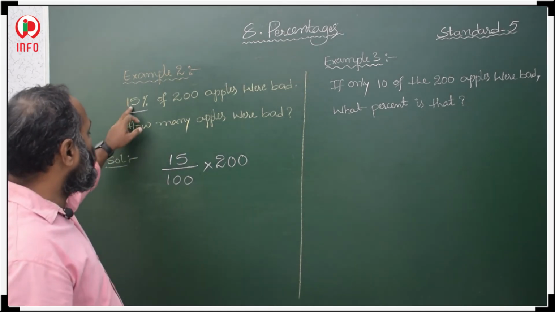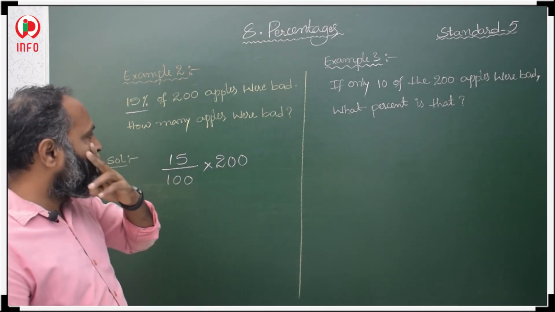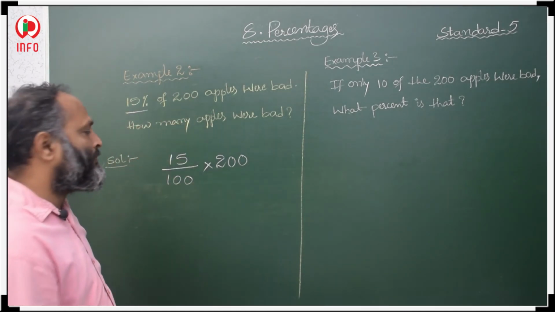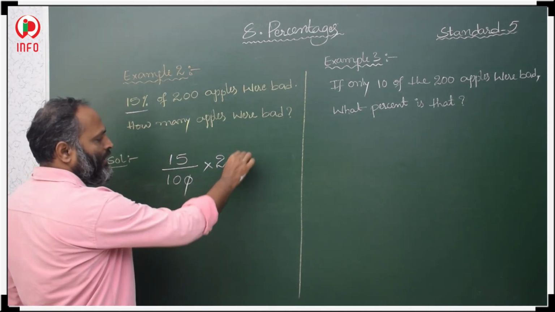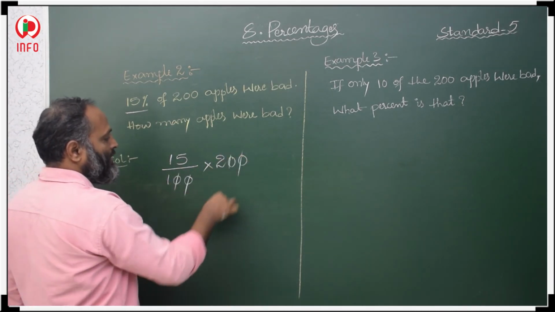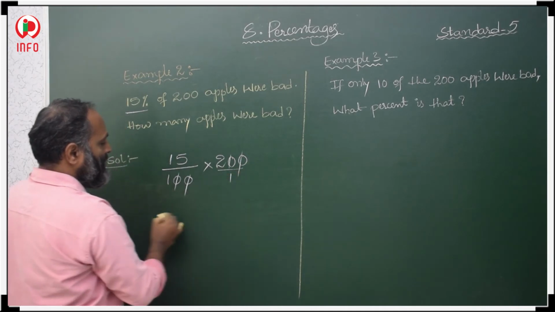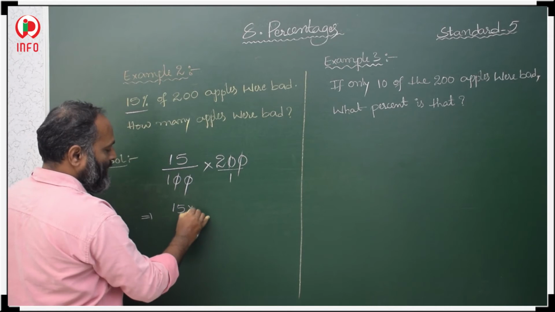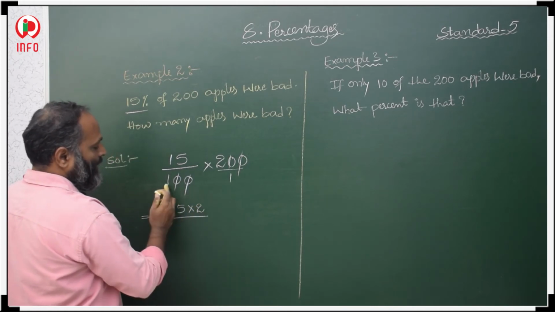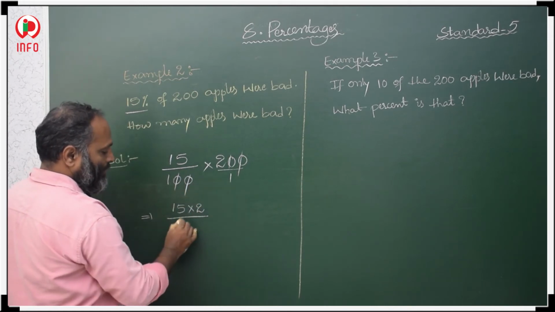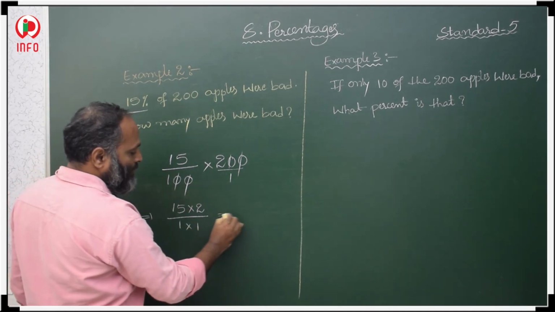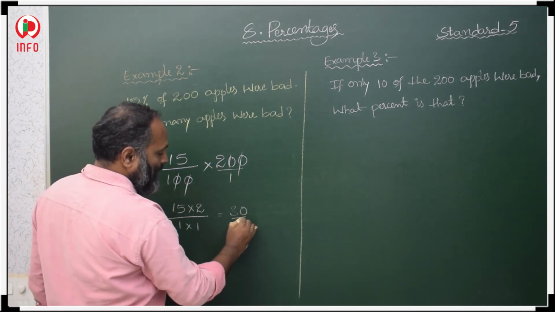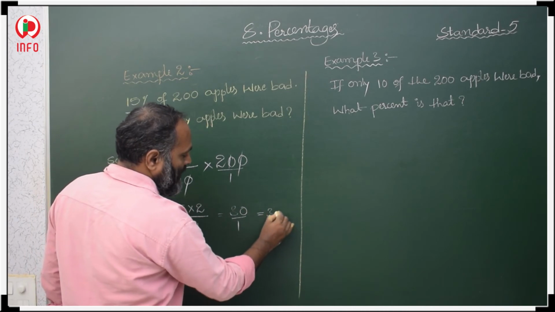Okay. 15% by total percent into total apples. Then here a 0, here a 0, here a 0, here a 0 cancel. Then there is no denominator, which means by 1. In the numerator 15 into 2 is left, in the denominator 1 into 1. 15 2s are 30. 30 by 1 is 30.